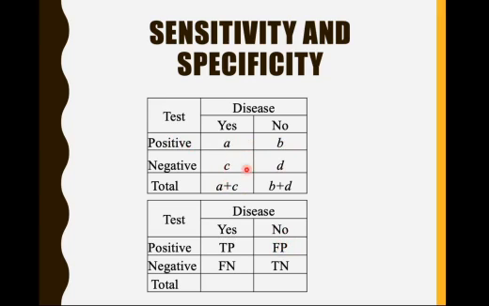C are people who have the disease and they test negative, and we call them false negative. And lastly, D are people who don't have the disease and they test negative, and so we call them true negative. Now, the A and the C are people who have the disease. The B and the D are people who don't have the disease. The A and the B are people who test positive. The C and the D are people who test negative.